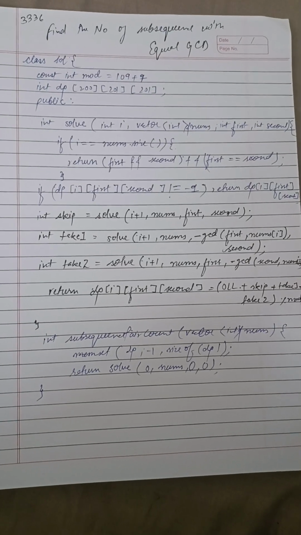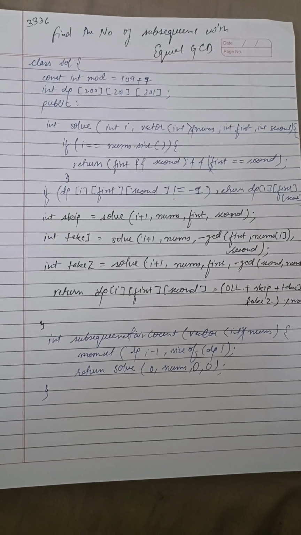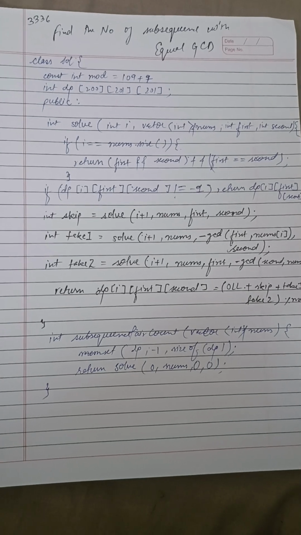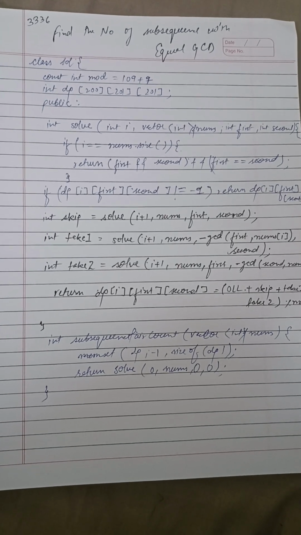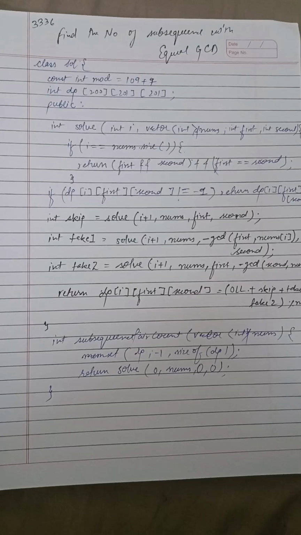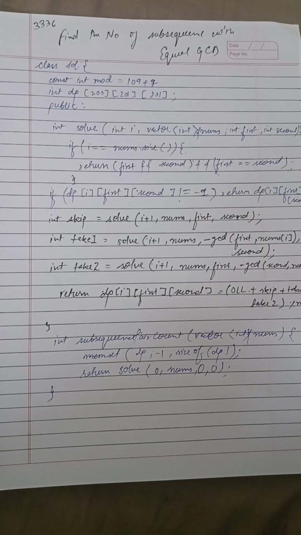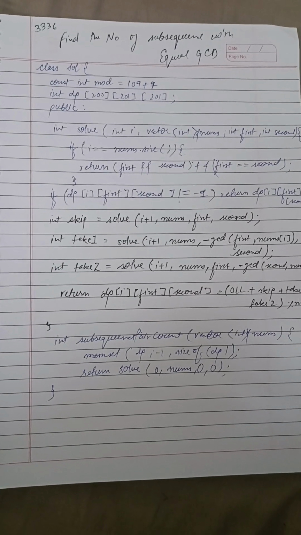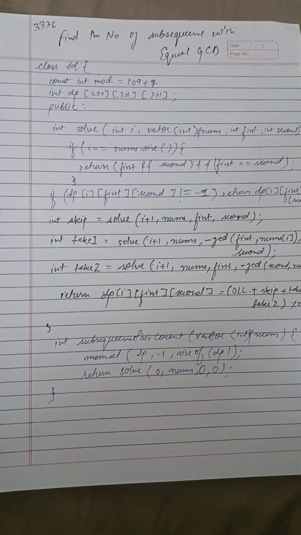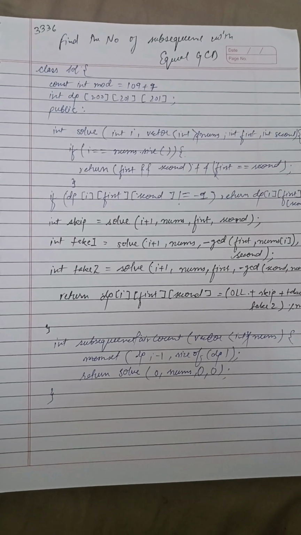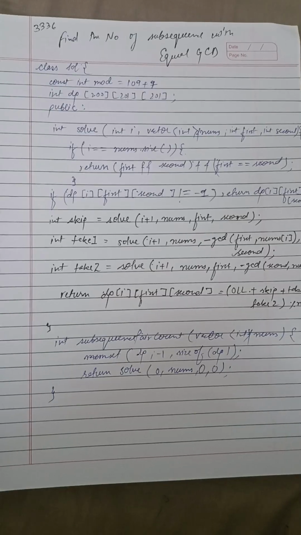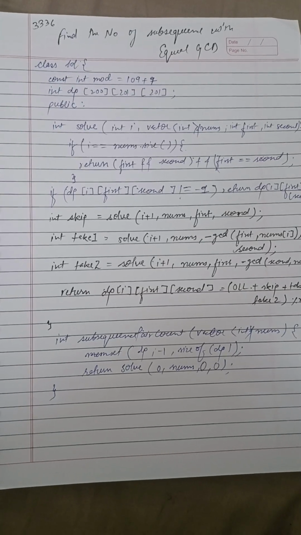In that given array, we have to find the number of pairs of subsequences that we can form in such a way that the GCD or HCF of both subsequences in the pair is the same.